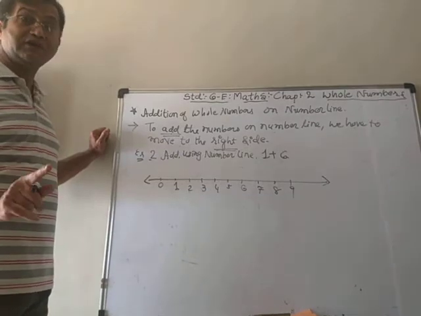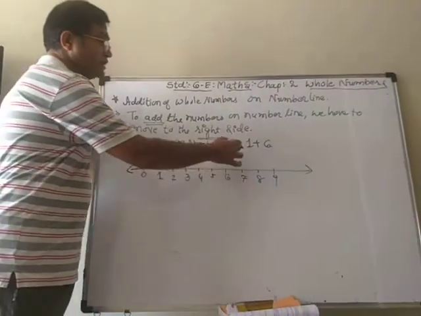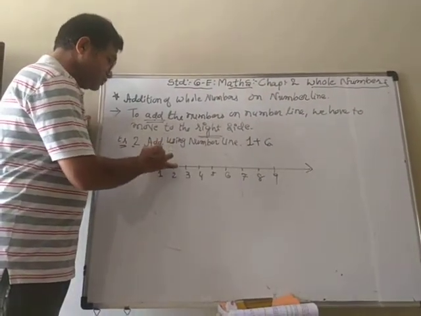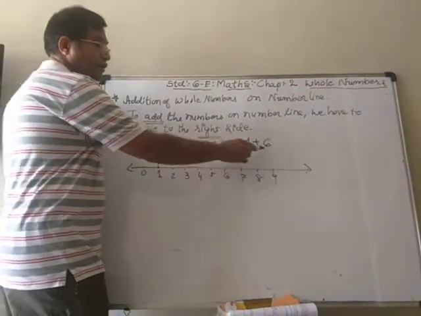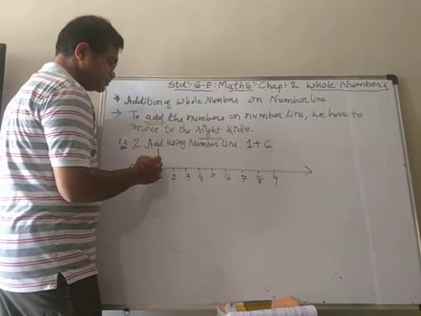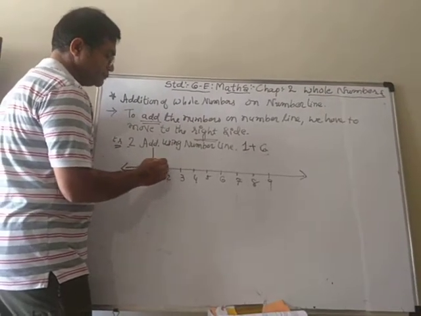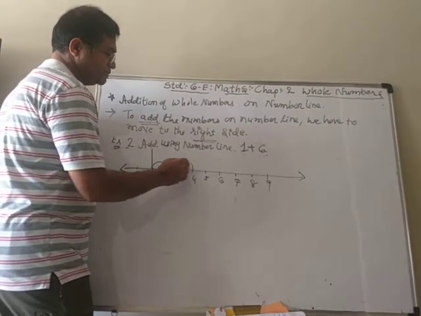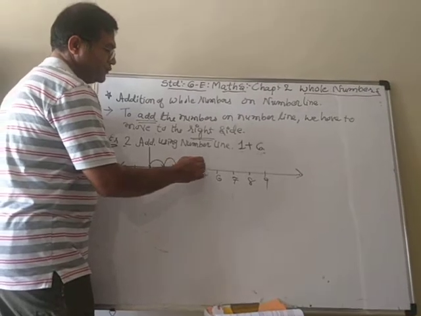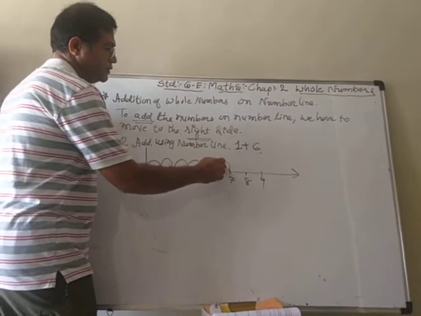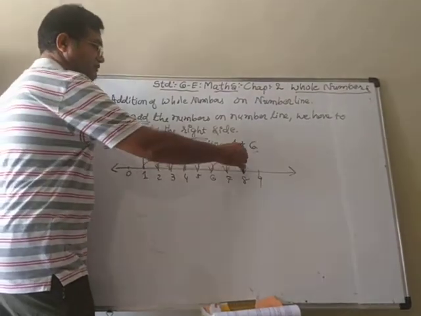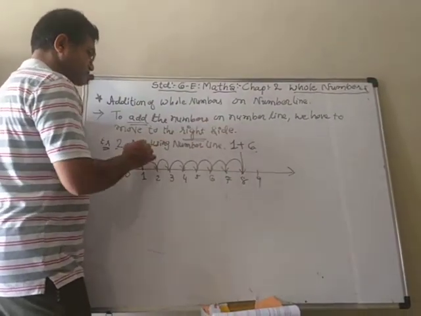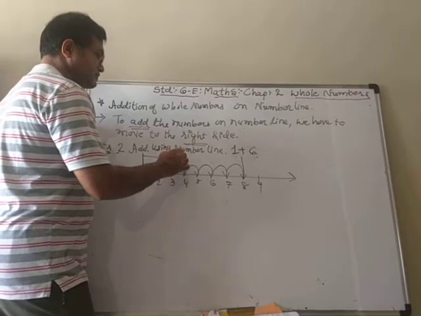Now from where do we have to start? First number is 1. So we have to make a line there. Then we have to jump how many steps? 6 steps. So 1 step, 2 step, 3, 4, 5, 6.